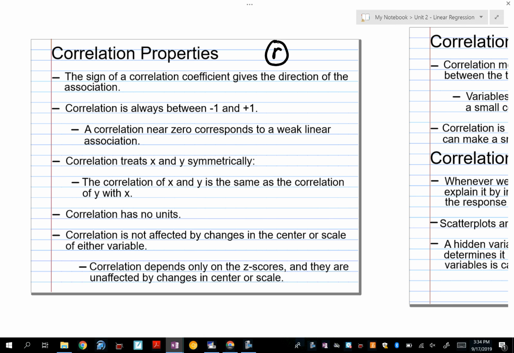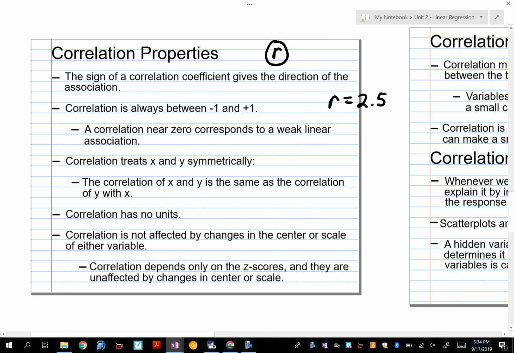First thing I want you to know is that it should always be between -1 and 1. So if you see an r and it says r equals 2.5, immediately you know something's wrong. Or they're not talking about correlation coefficient. They're talking about something else, some other variable they're using for r. All right, but since we're in statistics, if I'm writing about statistics, I'm never going to use r except for correlation coefficient. Okay.